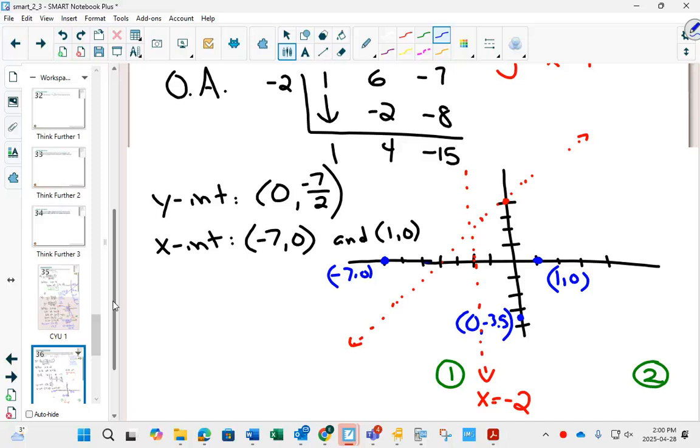Your vertical asymptote breaks your graph into 2 sections. We have to decide, do we need more points or are we good? Do you have any points left of x equals negative 2? We do. Technically, this is enough for us to go toward this asymptote in this direction and this asymptote in that direction. It feels a little bit weird.